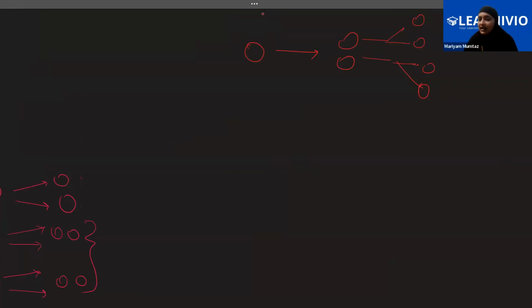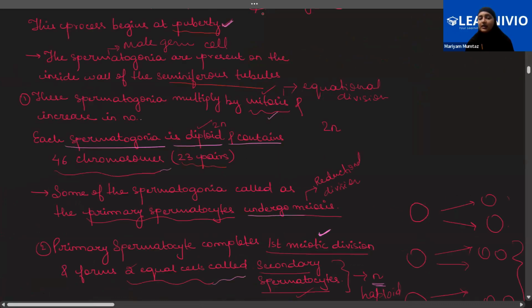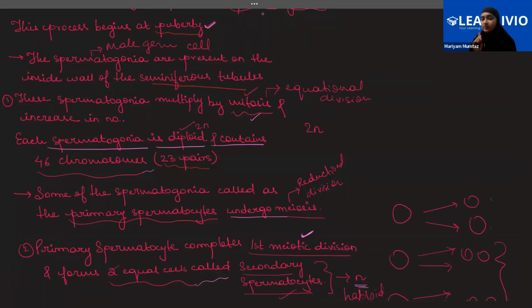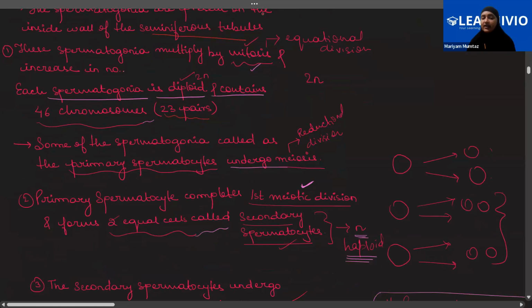Now, some of the cells are known as primary spermatocytes. These primary spermatocytes will undergo the first meiotic division, first meiosis, and form the secondary spermatocyte.